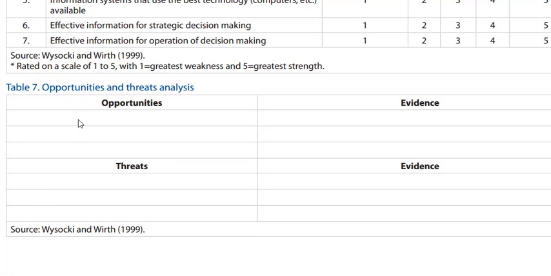These should be the most important to the organization, and why they are considered most important should be given as evidence. For example, if the younger population is growing, that is an evidence, that is an opportunity, because the company wants to develop new products according to the opportunity of the youth population available.